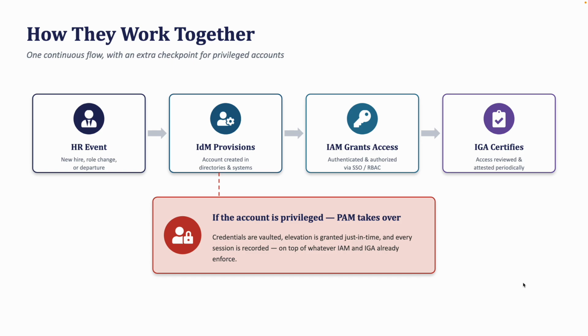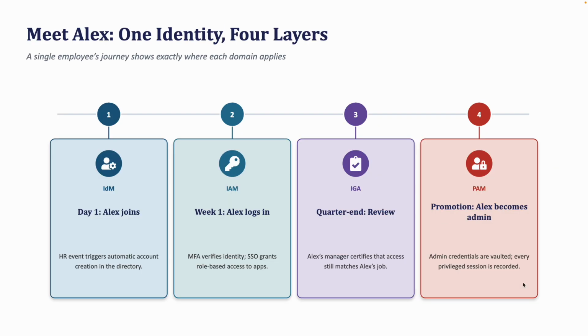But when it comes to PAM, it sits on top of IDM and thinks about whether that particular user is a privileged user or not. And if that user is a privileged user, all the other steps I mentioned, vaulting the credentials, elevating the credentials just in time only, and recording the sessions and things like that, will take place in a privileged access management solution.